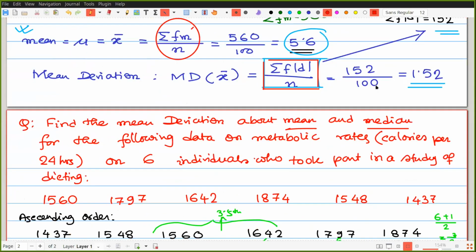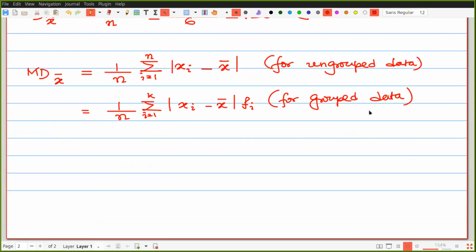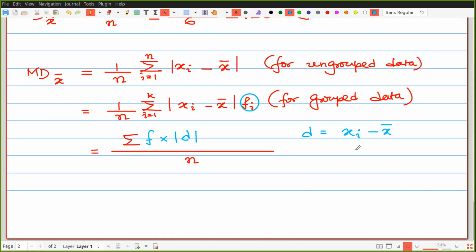So for grouped data, 1 by n, I am writing n here, summation of f into mod of d, where d means m minus x bar, or m minus mu.